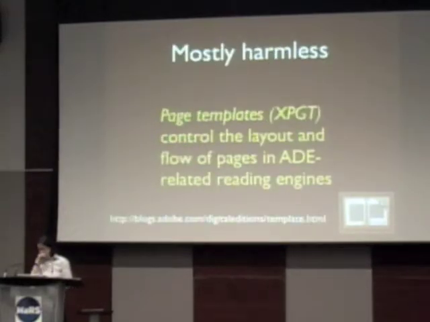So for example, if you've used InDesign to make an ePub book, then you take that ePub and you crack it open and you look at what's inside. Usually you'll find this file called pagetemplates.xpgt. It uses a fairly difficult to understand system called XSL-FO. It's an XML standard for describing how pages flow.